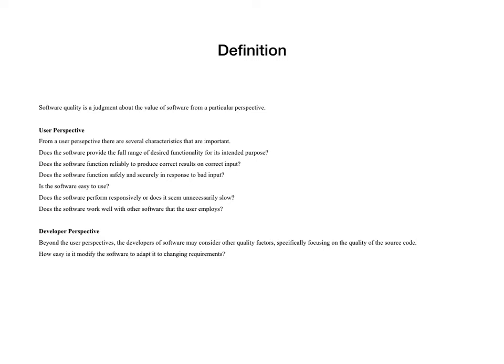The first question here is, how easy is it to modify the software to adapt it to changing requirements? When you develop your software, the requirements could change. If there is a release of a new version of the operating system, how well is your software adapting to it? That's a changing requirement.